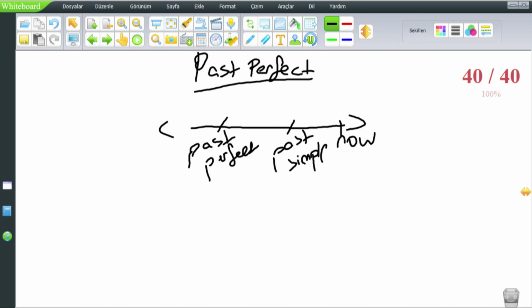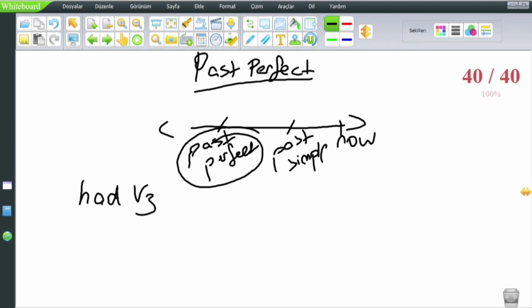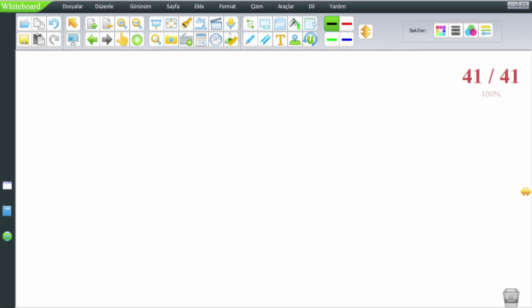So we are making a chronological timeline, and past perfect happened before past simple. And our grammar rule is had plus verb 3. So why am I saying this? Because now we also need to learn the verb 3 form, which is the past participle.